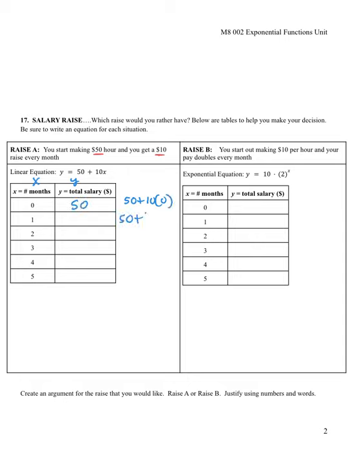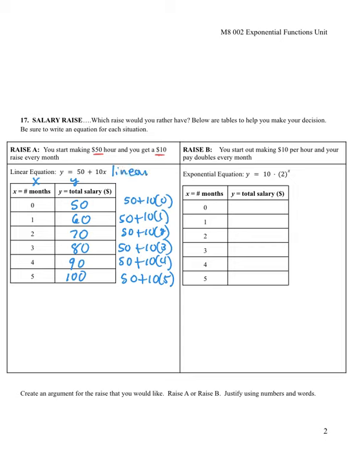Then you would do 50 plus 10 times 1, which would give you 60. 50 plus 10 times 2 would give you 70. 50 plus 10 times 3 would give you 80. 50 plus 10 times 4, 90. 50 plus 10 times 5 would give you 100. Okay, and it increases by the slope because this is a linear function, right? We're increasing by the slope each time, which is 10.